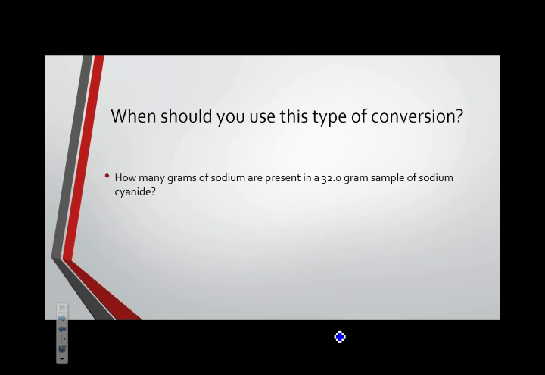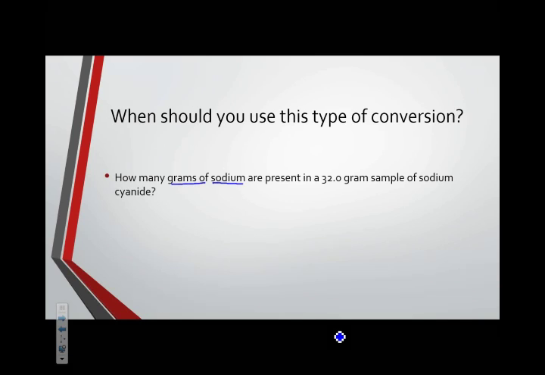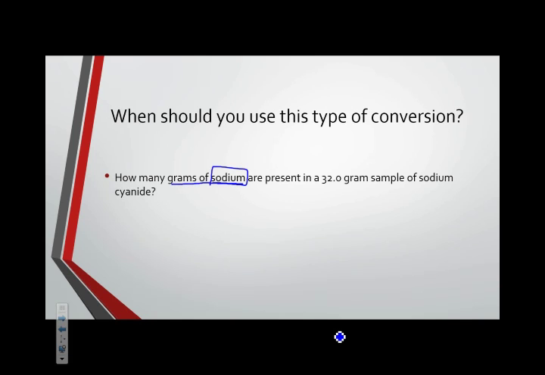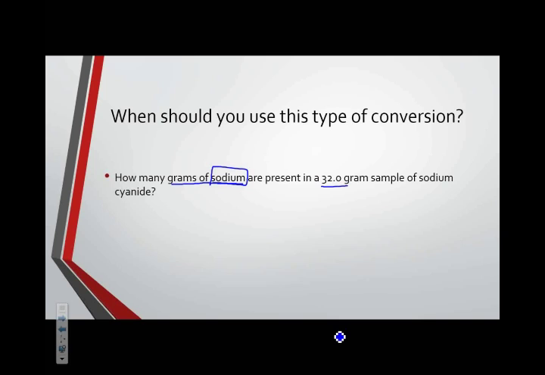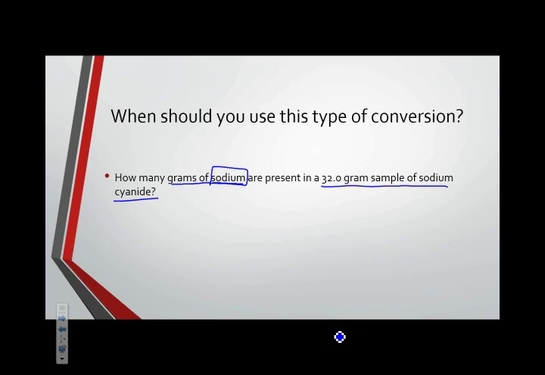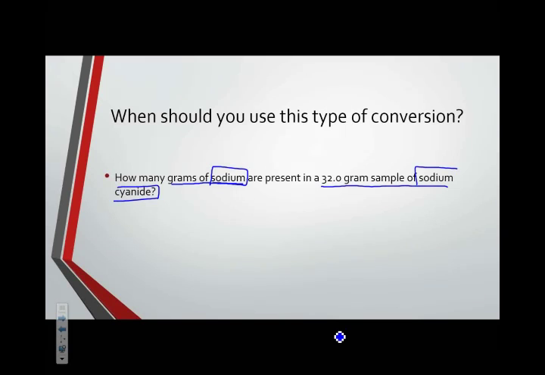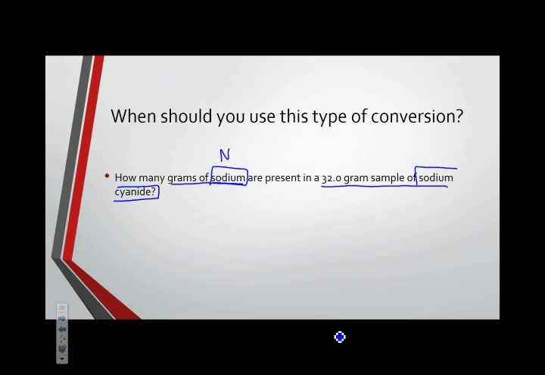What I notice here is I'm asked to find something about the element sodium, and I'm given information about sodium cyanide, which is the compound. So we've got Na here, and sodium cyanide has a formula of NaCN.